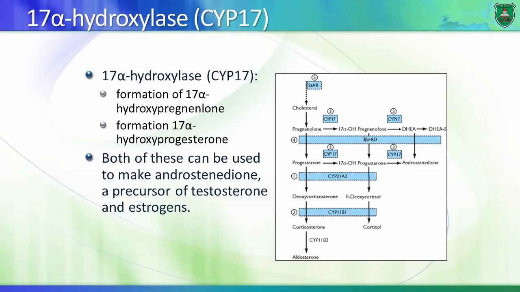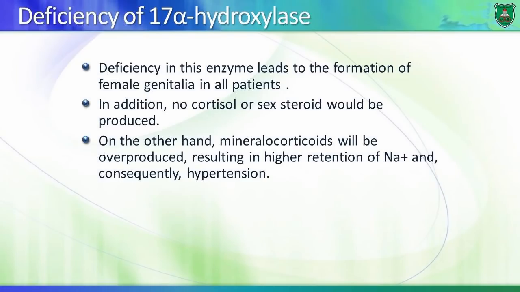So if someone has a deficiency of this enzyme, there would only be production of aldosterone, but no cortisol, estrogens, or androgens. This person would have female genitalia. There will be no cortisol and none of the other sex steroids other than progesterone. And these people would complain of hypertension as a result of higher retention of sodium ions.